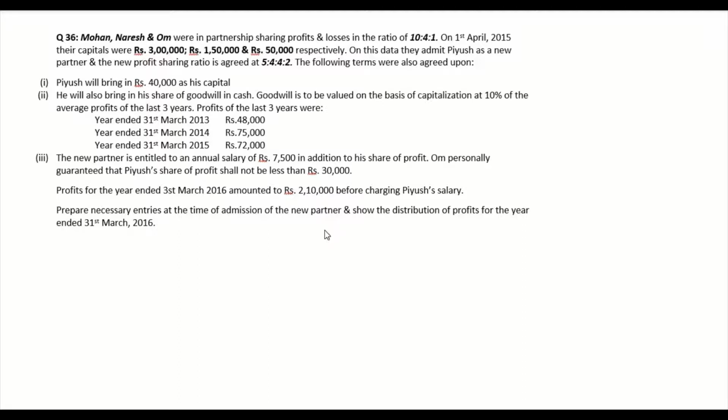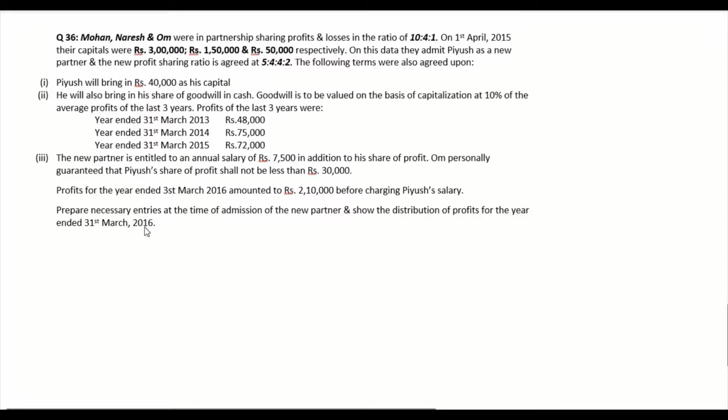The new partner is entitled to an annual salary of 7,500 in addition to his share of profit. Om personally guaranteed that Piyush's share of profit shall not be less than rupees 30,000. Profit for the year ended 31st March 2016 amounted to rupees 2,10,000 before charging Piyush's salary. Prepare necessary journal entry at the time of admission of the new partner.